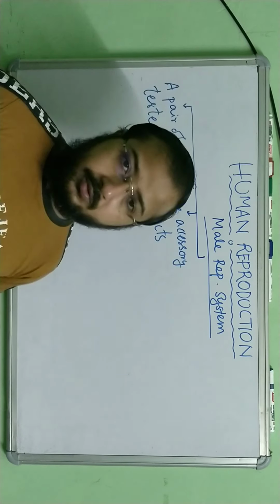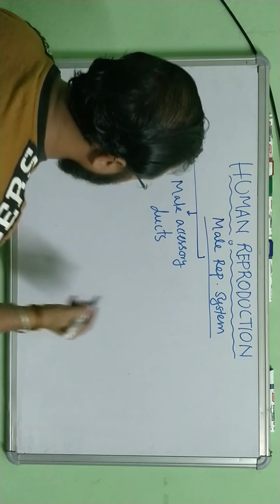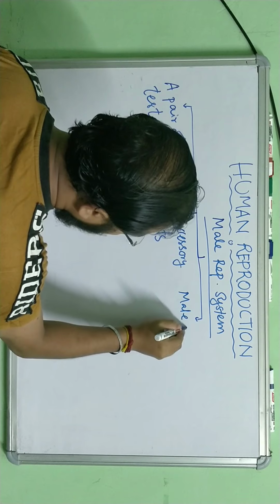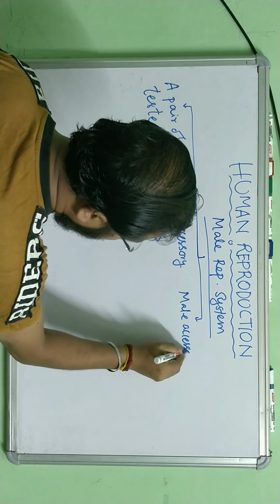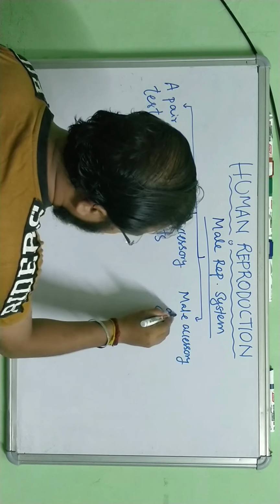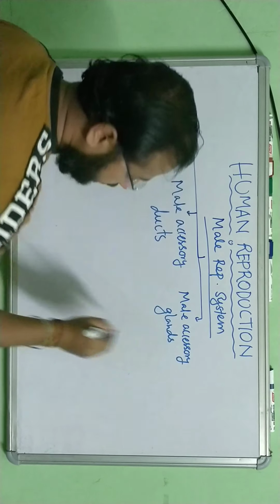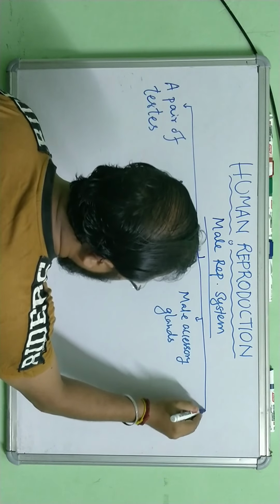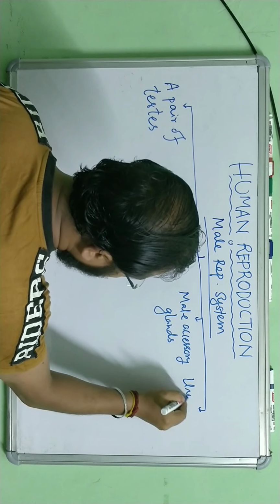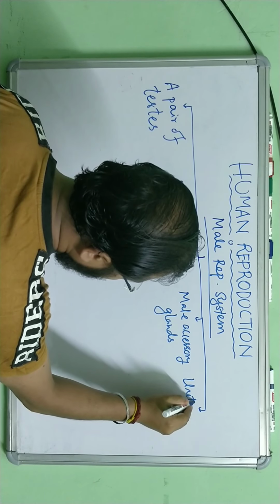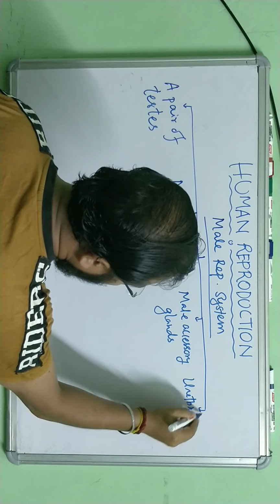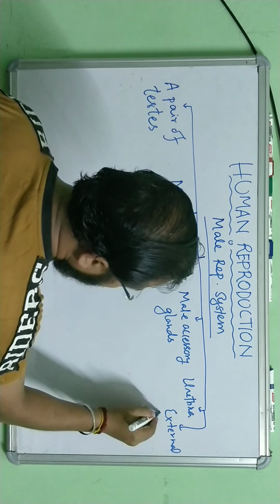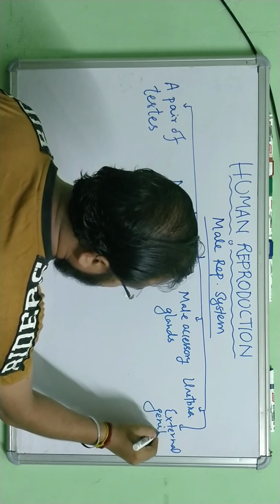Ducts means the route through which the male gamete transfers. Then next is the male accessory glands. They have some very important secretory functions. Then next, urethra, and the last one is the external genitalia.